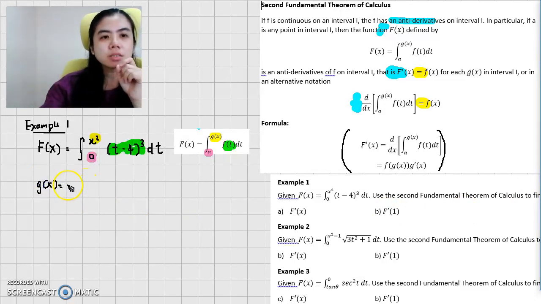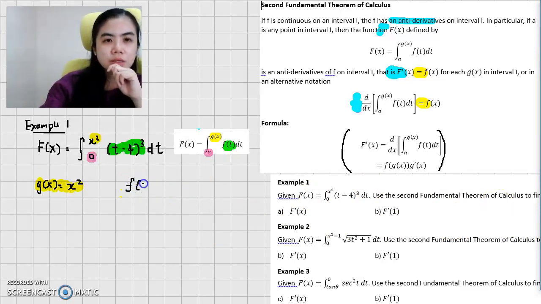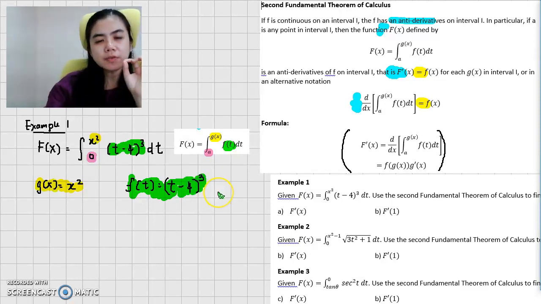Your function g of x is x squared here, and your function f of t is (t minus 4) to the power of 3. When you have successfully defined g of x and f of t, the next thing you should look at is the formula that has been given here.